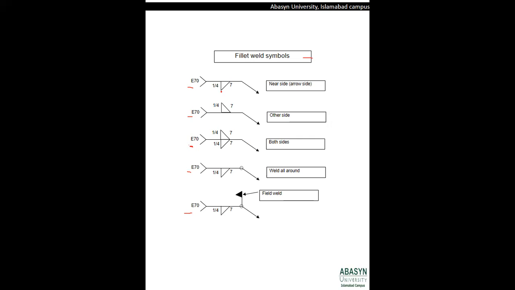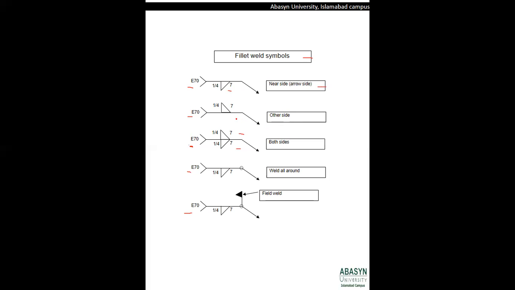followed by a triangle, either on the upside of the arrow, on the downside of the arrow, or on both sides of the arrow. If we have the triangle of the weld on the downside of the arrow, it means the welding is carried out towards the near side or the bottom side of the weld.